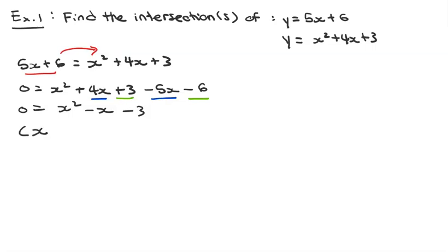So what comes to mind for that is x minus 3, and then x plus 2. So we would say that x is equal to 3, x is equal to negative 2. So we know that when x is equal to negative 2, we have an intersection point, and when x is equal to 3, we have an intersection point. So this is telling us we have 2 intersection points.